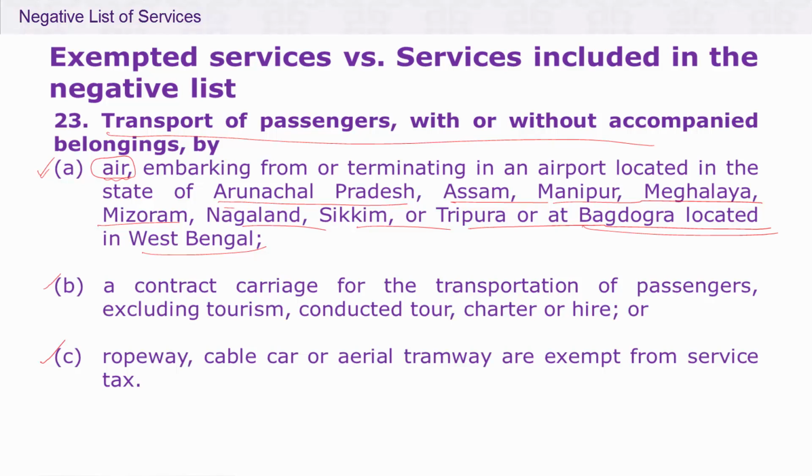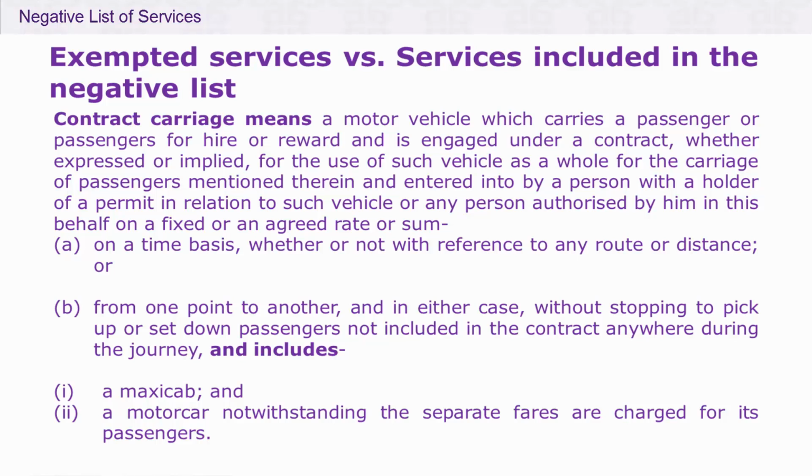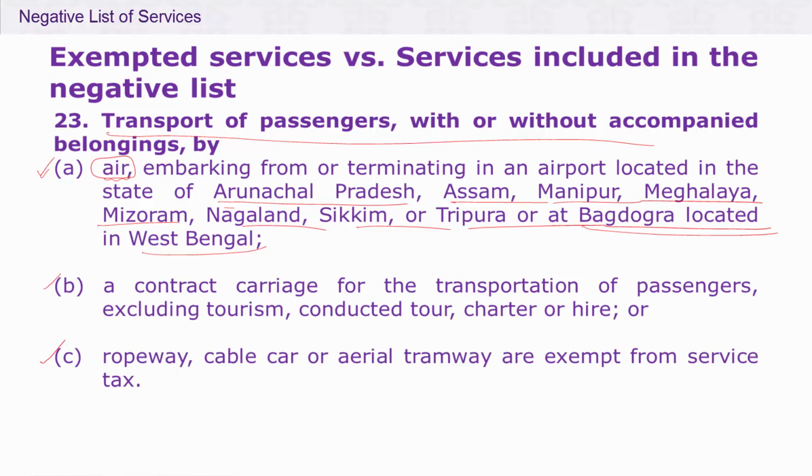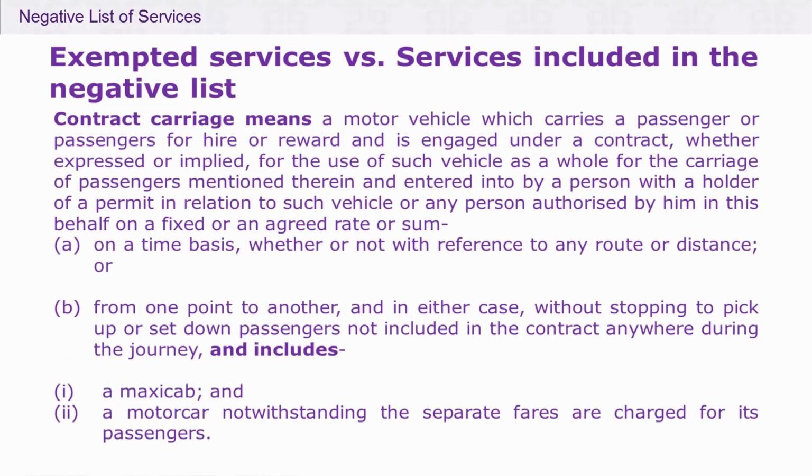And continuing, next, look at this: from one place to another, stopping, pick-up and set-down of passengers. And next, 23, we'll go back. 23, ropeway, cable car. Okay. So entry number 23 is mainly for persons, and entry number 22 is for both passengers and also goods.